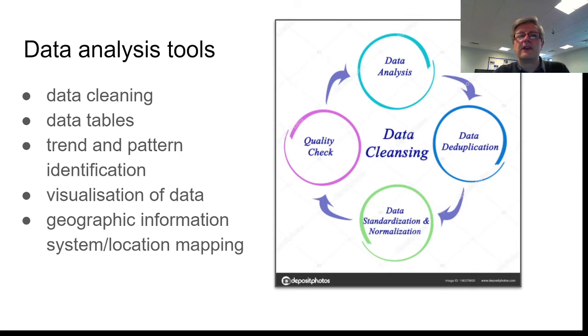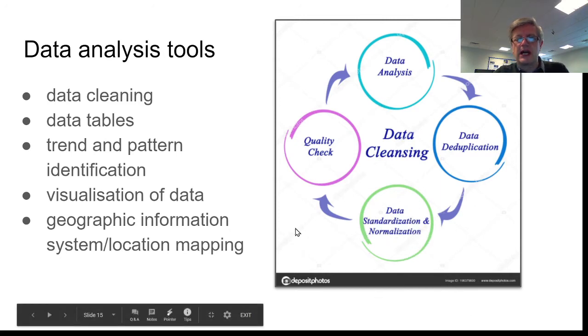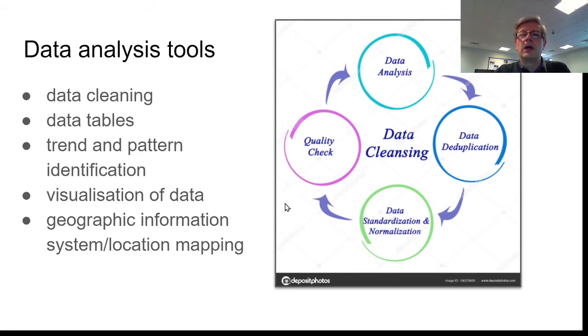So we need to make sure that the information we have in the system is up to date, it's good quality information, it's not duplicate information, and this process of standardization and normalization is what we do in databases to make sure we're not putting the same information into the tables more often than we need to, which leads to redundant data because it's in there twice when it needn't be. So the first analysis tool, especially for tables and for databases, would be data cleaning.